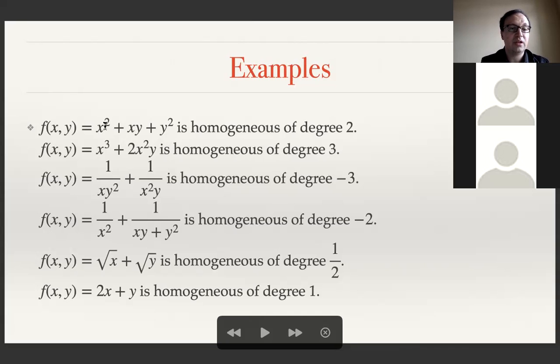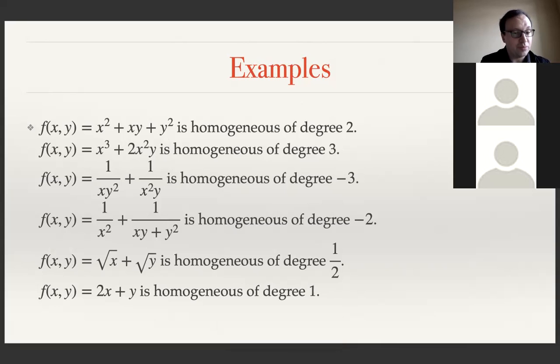Here x squared has degree 2. X times y has degree 2 because x is to the power 1 and y is also to the power 1. And y squared also has degree 2. Same for x cubed plus 2x squared y: it is homogeneous of degree 3.